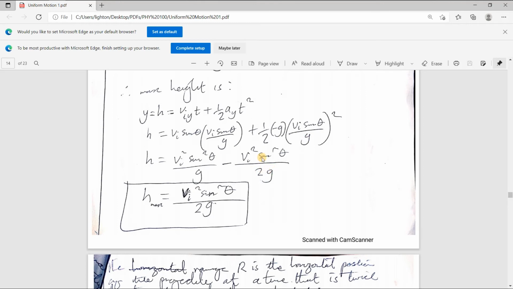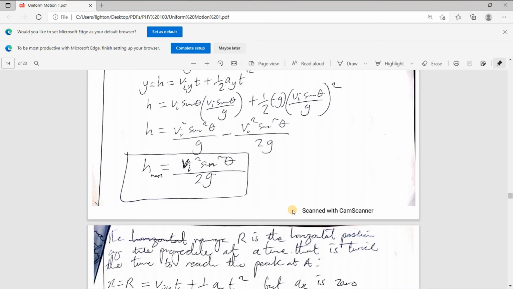Vi is squared, sine theta is squared. Now this minus this is this. Vi squared sine squared theta minus Vi squared sine squared theta over 2g is this expression. So when you subtract, we get this as the maximum height. So the maximum height is V subscript I squared sine squared theta over 2g. That's our maximum height.